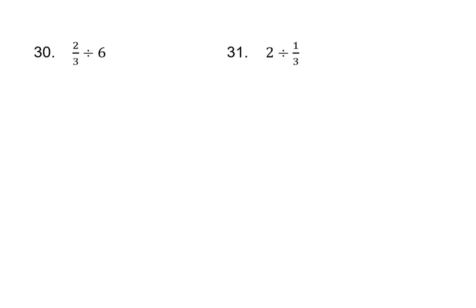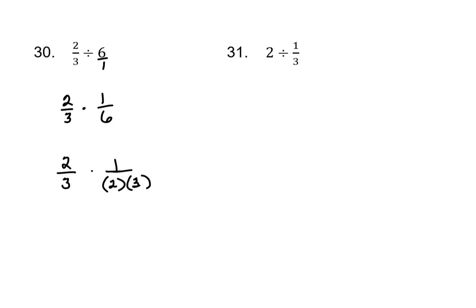Okay, problem number 30, I have a fraction and I have a division sign, but I only have one fraction here. So what I need to do is to take 6 and make it into a fraction by writing it as 6 over 1. Now I'm going to follow the same process that I've been doing. Take this second fraction and flip it upside down. And from here, I can take this 6 and write it as 2 times 3.